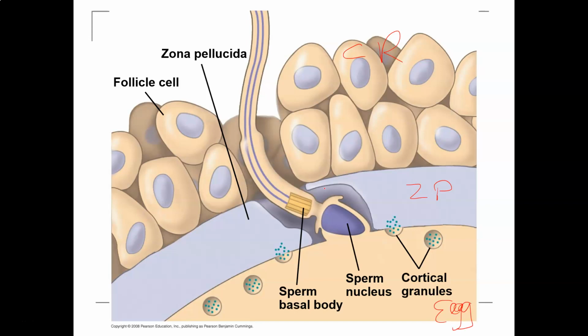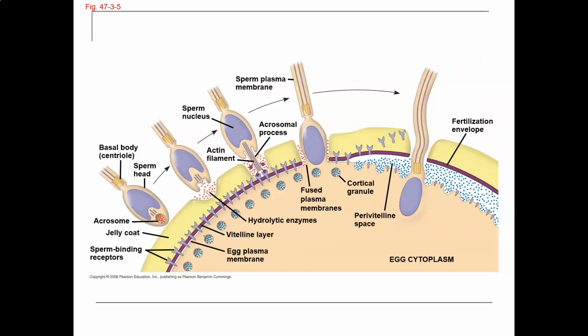So to get to the egg, the sperm needs some enzymes to get through those other two barriers. But that membrane, the acrosomal membrane, needs some time in the female reproductive system to become fragile enough to rupture and release the enzymes. So that's sperm capacitation.